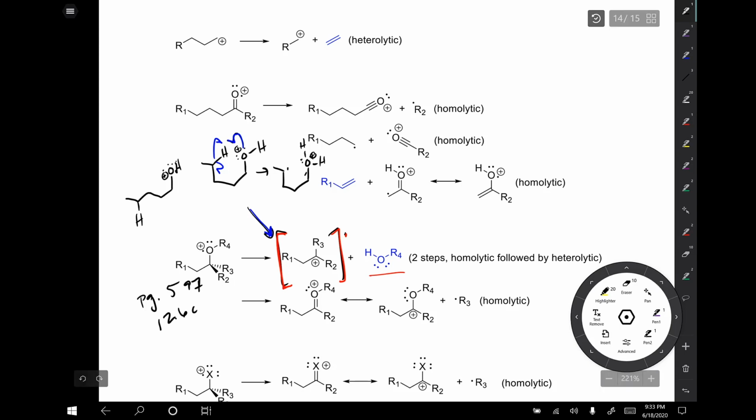Here, okay? You can actually lose water. And then here you're going to have this 1, 2, 3, 4, 5, 1, 2, 3, 4, 5. Notice how I'm always counting my carbons.